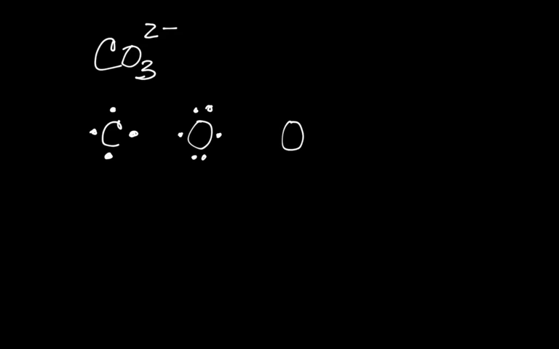All right, let's try one more, this time with a polyatomic ion. All right, let's use CO3 2 minus, or carbonate. All right, so let's draw the Lewis dot symbols. And we've used all of these atoms before, so we know what they're going to look like.